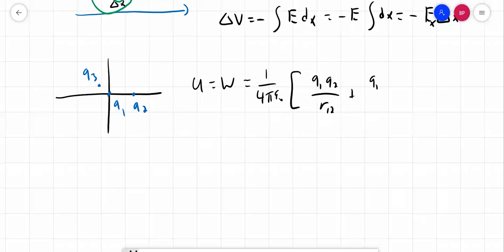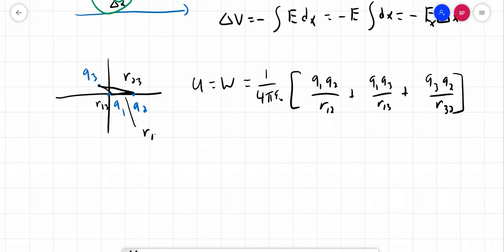So I'll have a Q1 Q3 term divided by the distance between them, plus I have to fight against Q2 as well, once again divided by the distance between them. So this is r13, that is r23, and this here is r12.